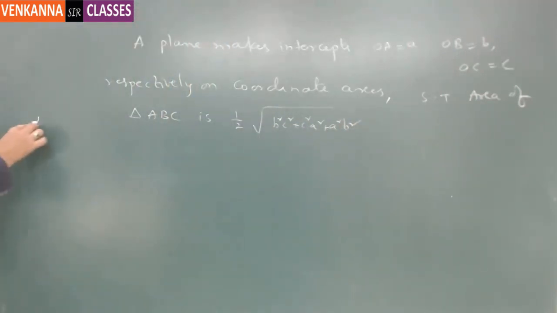Answer for the previous one, 1 by 2 into square root of 490, because 1 by 2 is common there. 441 plus 49, 490 is the value under the root. Please take a note of the question.